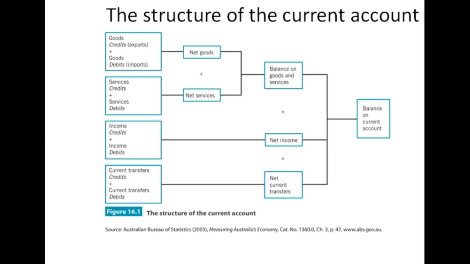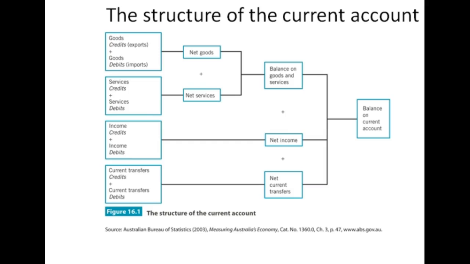Here we see the credits on goods, like goods exports, and debits on goods, which give us the net goods export or merchandise trade balance. Then we see the credits and debits in the services account, or the net services account. Adding these two, we get the balance on the goods and services account.